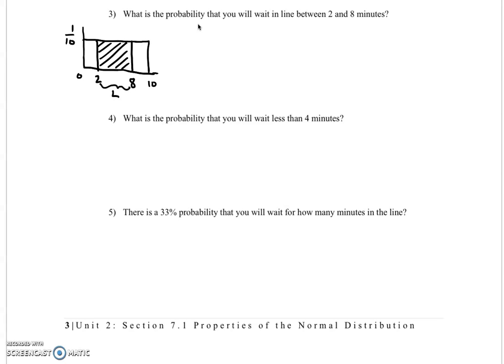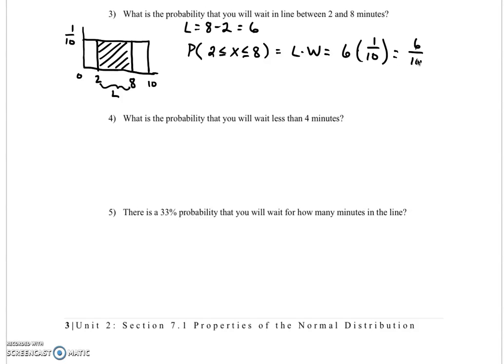So the length is 8 minus 2, which is 6. So the probability that we wait between 2 and 8 minutes is the length times the width, which is 6 times 1 over 10, which is 6 over 10, or 0.6.